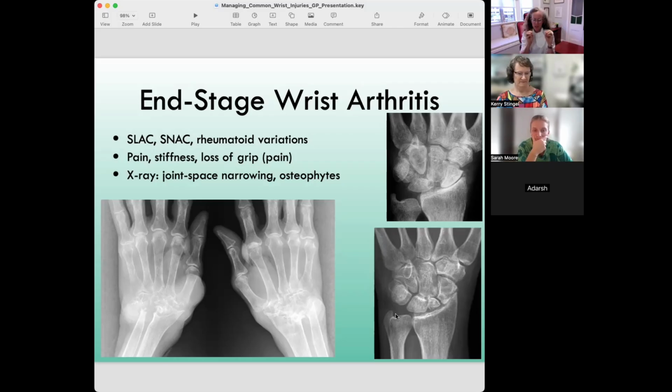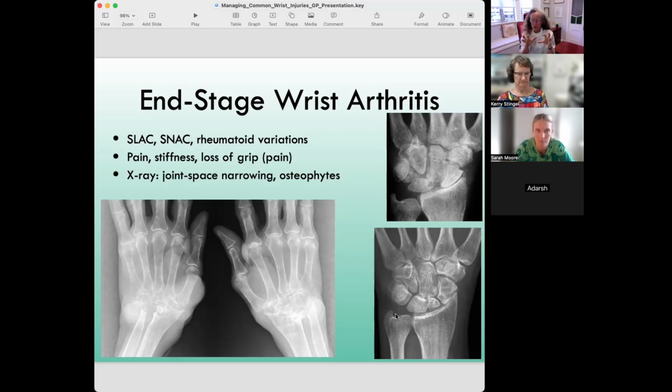I just want to draw your attention to the final x-ray in the middle with the two hands, and just really appreciate the complete dissolution of any carpal bones in there. You can't see much of the distal radius, you can't see much of that distal ulnar. You can see the metacarpals and the bases of those metacarpals. As you can see, in the early days of wrist surgery, you can see why we would fuse these wrists, because they basically fuse themselves.